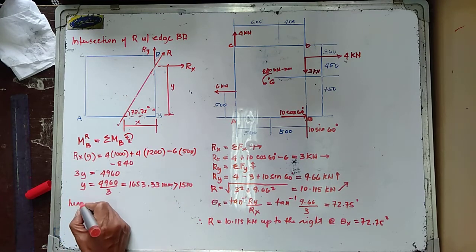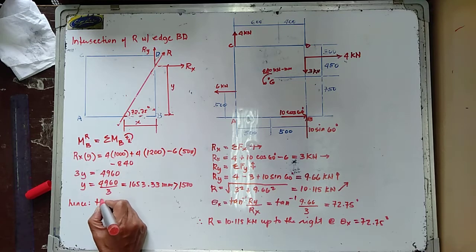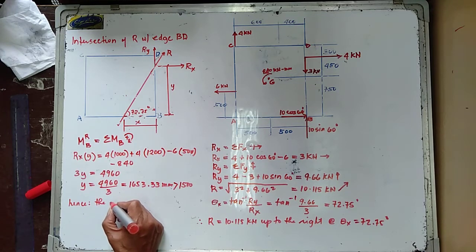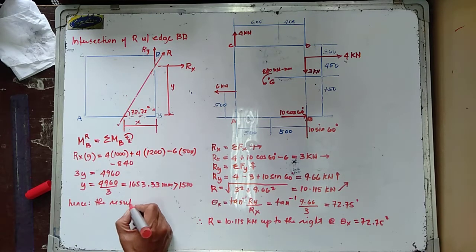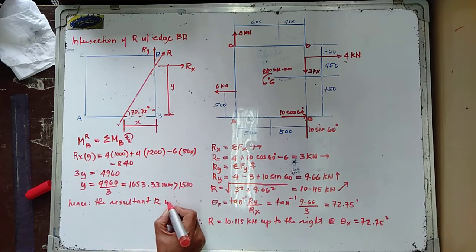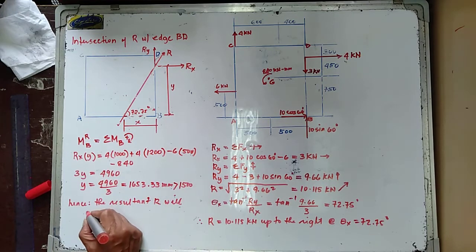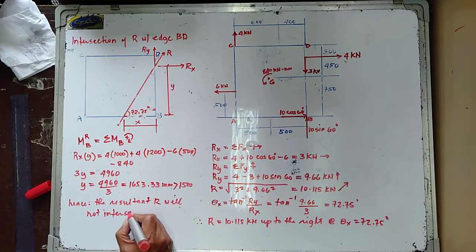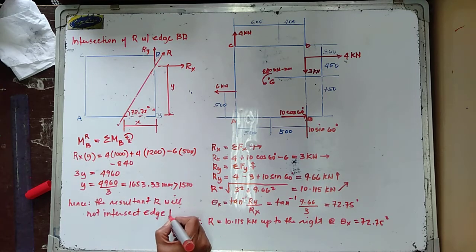Hence, the resultant R will not intersect edge BD.